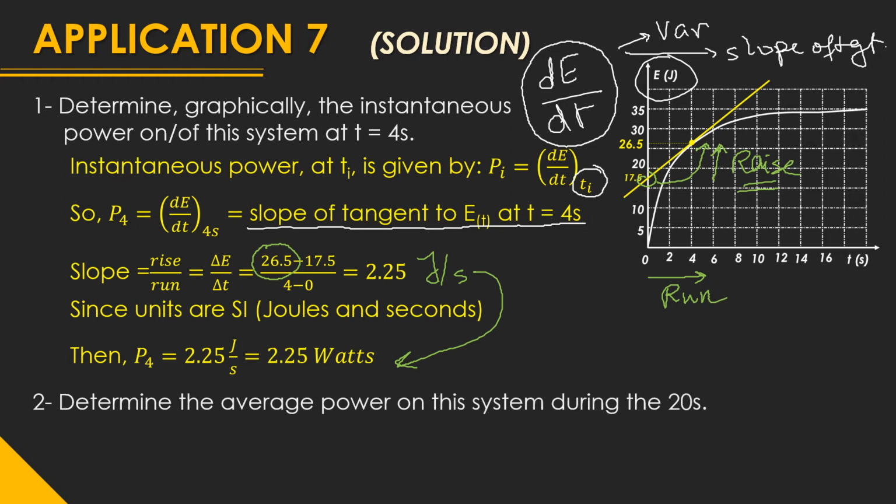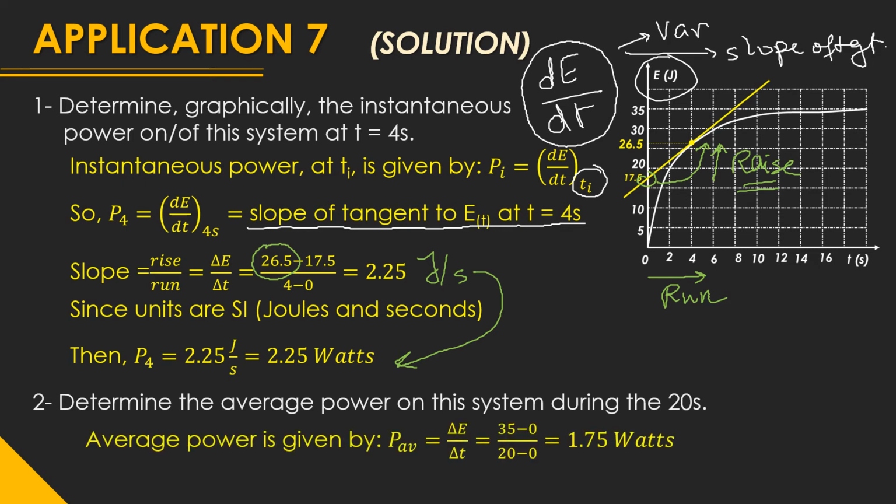The second part is to determine the average power. We know that the average power is simply the rate of consumption or change of energy or work over the overall duration. So notice here that the variation of energy is not linear. So how would you do that? Simply go to the definition, which is the overall change from this point up to this point.